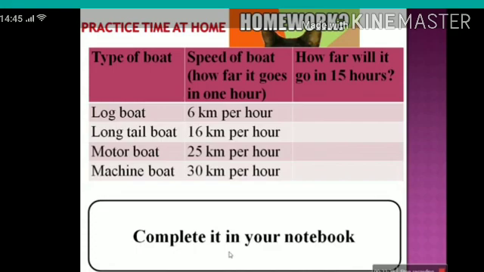Distance is equal to speed into time. Okay, children. So when you find out distance, you can calculate the distances travelled by the 4 boats in 15 hours. So complete the third column of this question. Okay, understood, children? Very good.